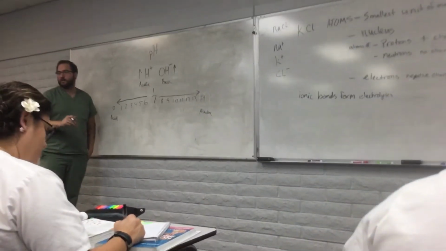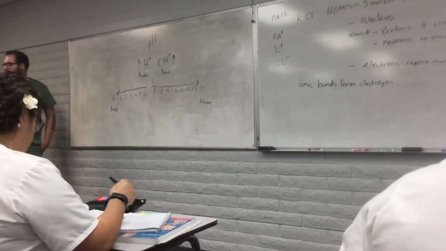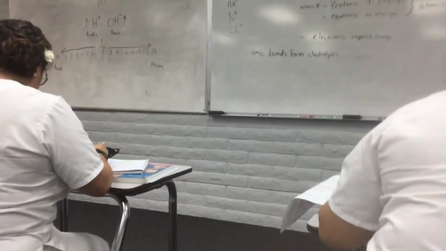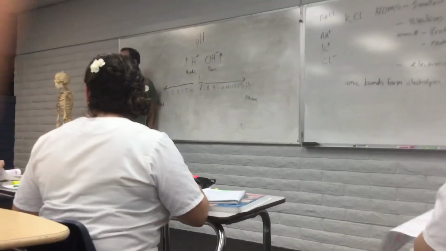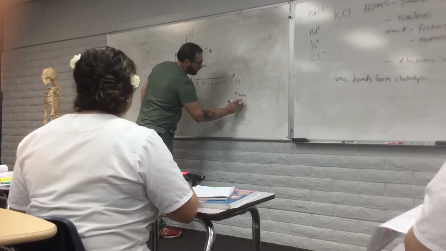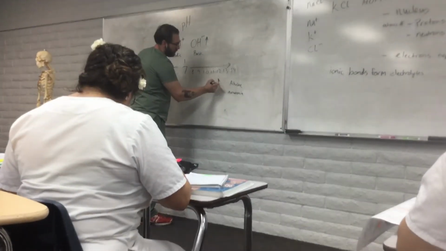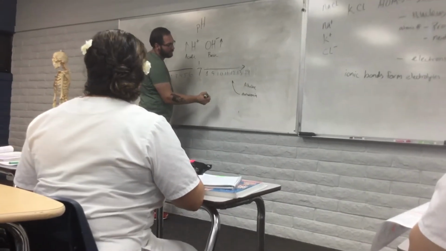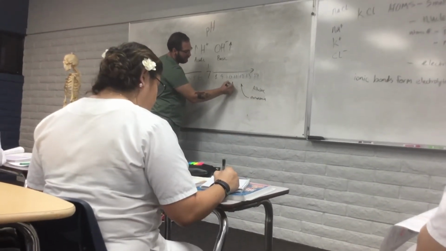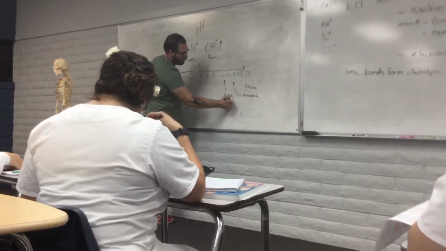Look at the chart in there. Can you name off the stuff from right to left? You start off on the right. Household ammonia, a cleaning product, right? At around 10.5 is milk of magnesia.